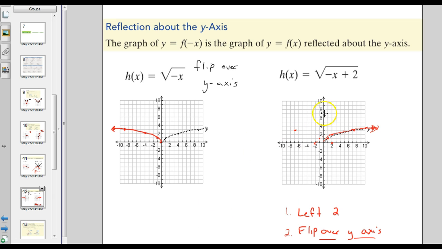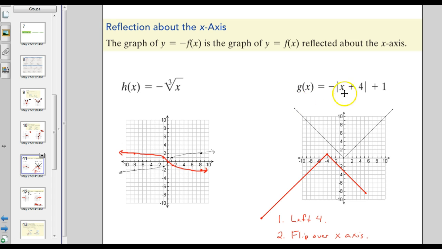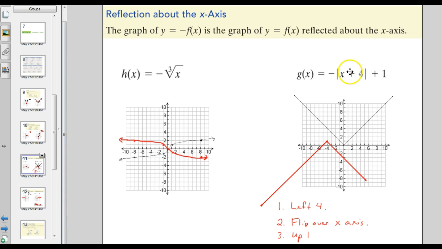Now, if you have other things happen, I know we said it's kind of like the order of operations is what dictates this, and if you go back and look at this one right here, it was the order of operations. What happens to x first? The plus 4. Alright, so that meant we moved to the left 4 first. And then what happened after that? The absolute value bars.